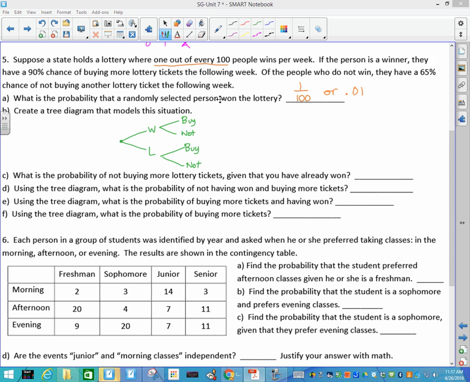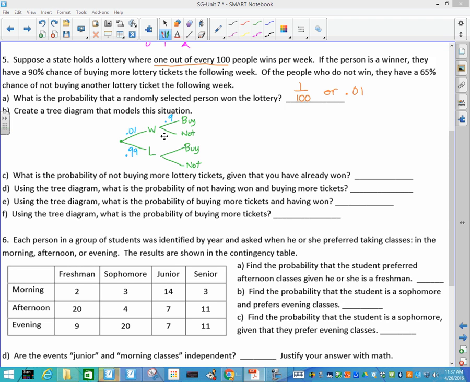Okay, so I'm going to put my percentages on here because I do think it's easier when we have these kind of problems to do so. So here is 0.01, which makes this 0.99, 1 minus 0.01. Now it says if the person is a winner, they have a 90% chance of buying lottery tickets the next week.